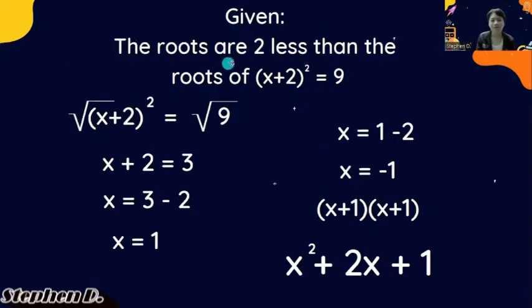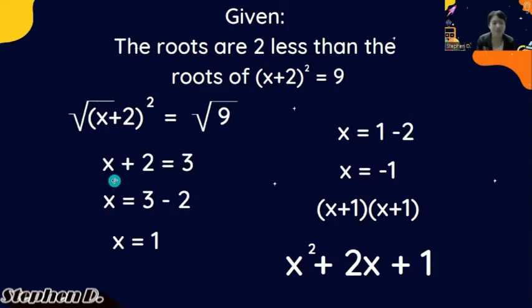Next, we have the roots are 2 less than the roots of (x plus 2) squared is equal to 9. So we can use extract square roots. We extract the square root of that and the square root of 9. So we get x plus 2 is equal to 3, since the square root of 9 is 3.